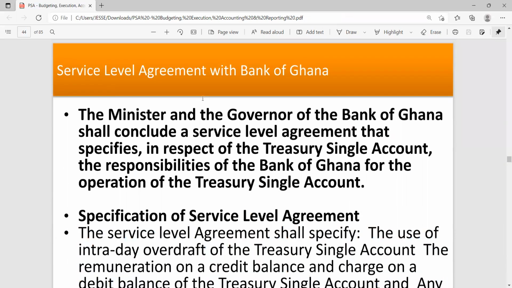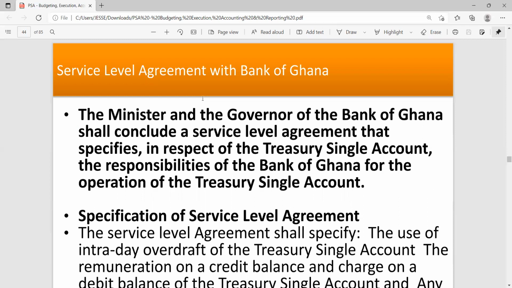The minister and the governor of the Bank of Ghana shall conclude what we call a service level agreement that specifies the responsibilities of the Bank of Ghana for the operation of the Treasury single account.